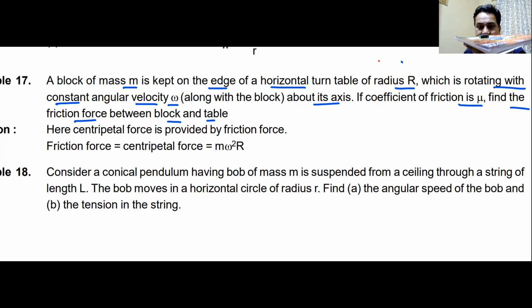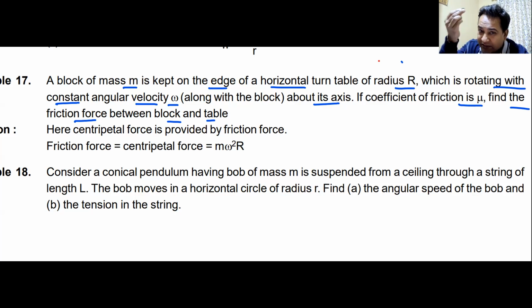Now this turntable is turning, and obviously this block is also turning with the turntable. They are both moving together, as given in the question: rotating with a constant angular velocity omega along with the block. So the block and the turntable are turning together.